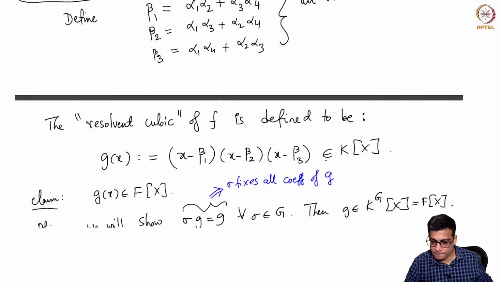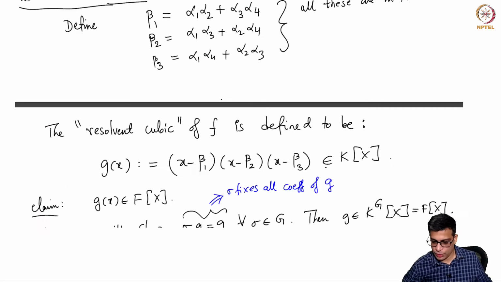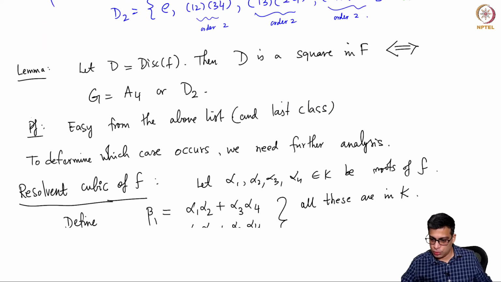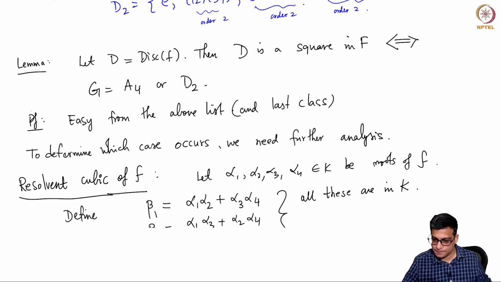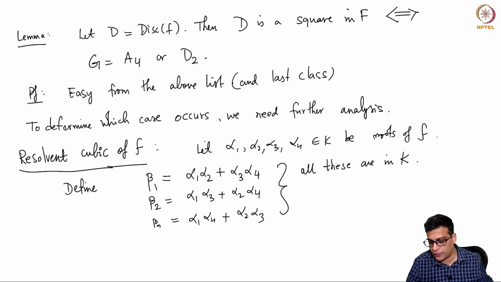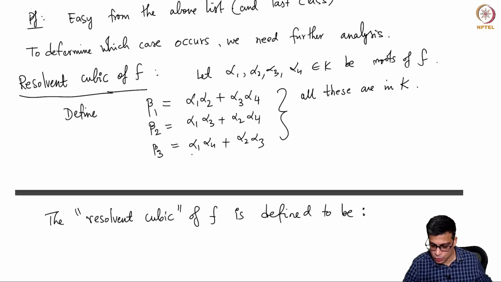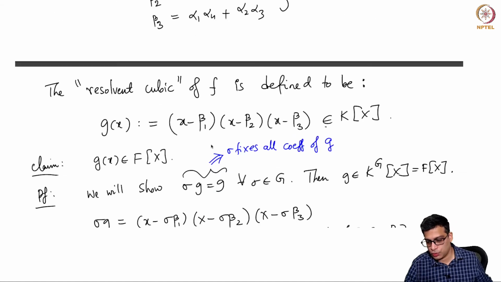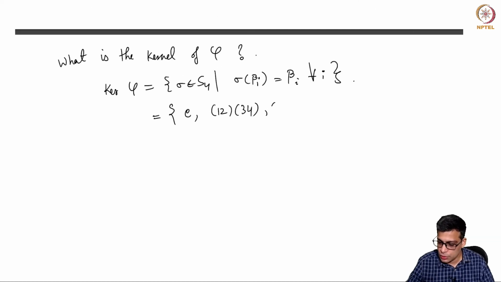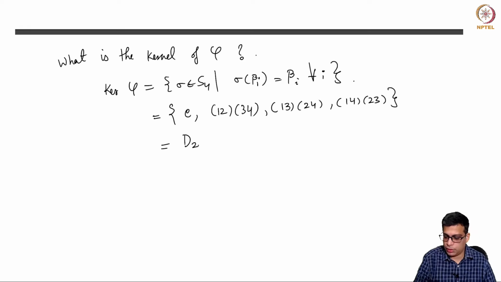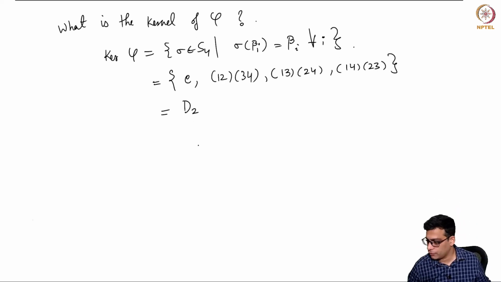So, what is this D2? So, 1 3 2 4. This fixes beta 2 because alpha 1 alpha 3 goes to alpha 1 alpha 3, alpha 2 alpha 4 goes to alpha 2 alpha 4. Similarly, 1 4 2 3 fixes this, because alpha 1 alpha 4 goes to alpha 1 alpha 4. So, this is 1 3 2 4, 1 4 2 3. In my earlier list, this is D2. Okay. So, kernel is precisely D2.